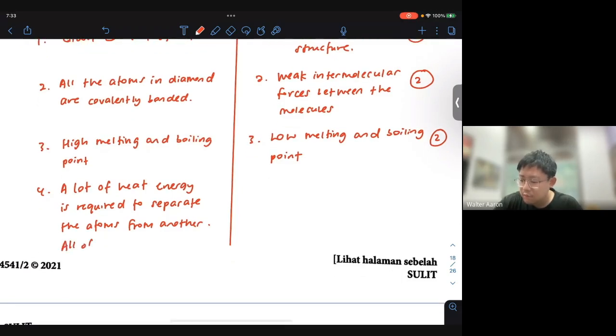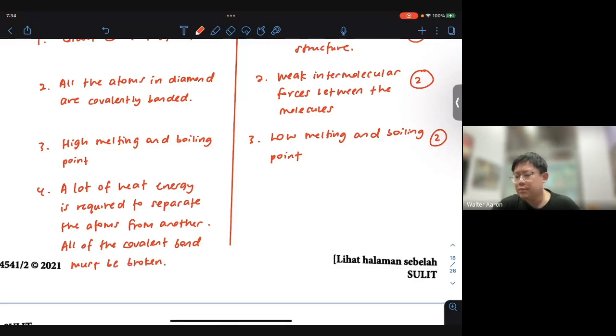All of the covalent bonds must be broken. That's why diamond has a melting point of approximately 4,000 degrees Celsius, because everything is covalently bonded, so you have to break those covalent bonds.